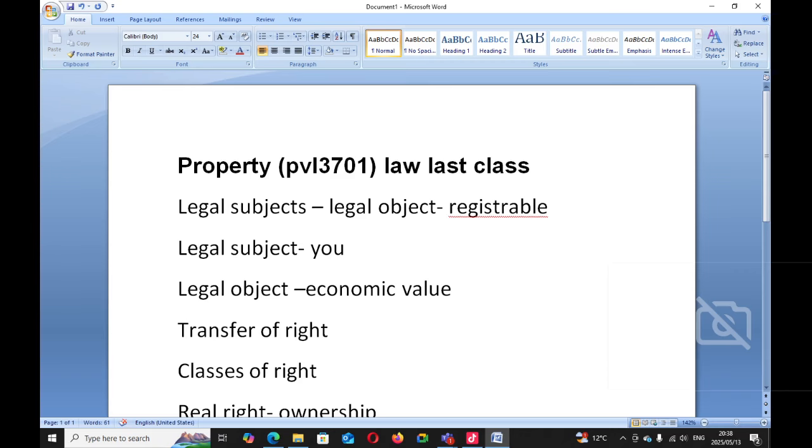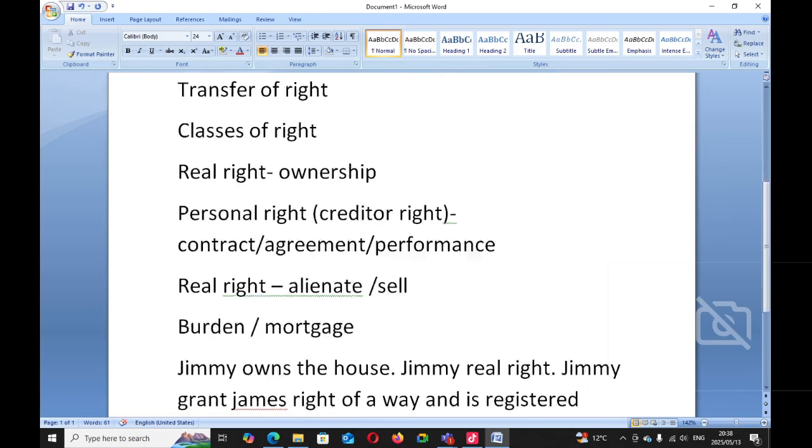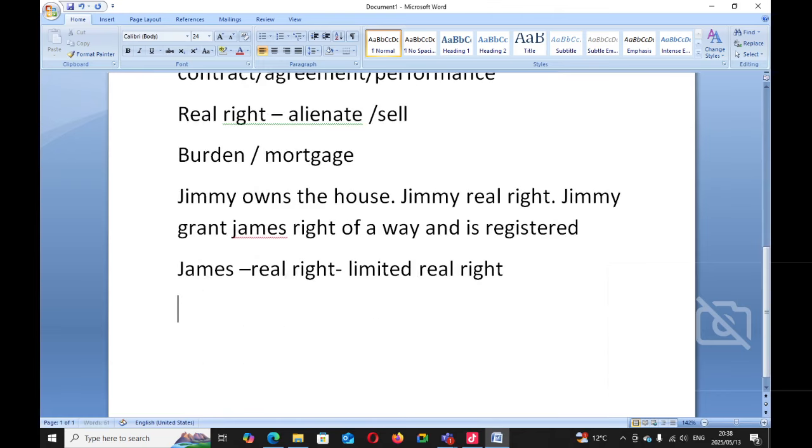Now, let's apply this to the scenario of Jimmy. Jimmy is a legal subject. When you answer, you say Jimmy has a real right. The legal object is a house. Jimmy has a real right over his house.